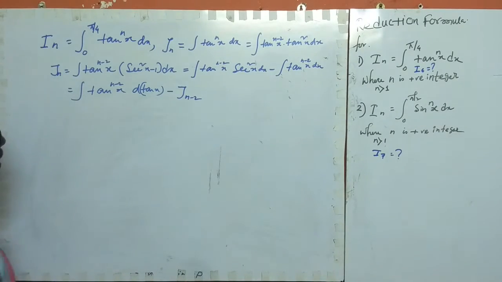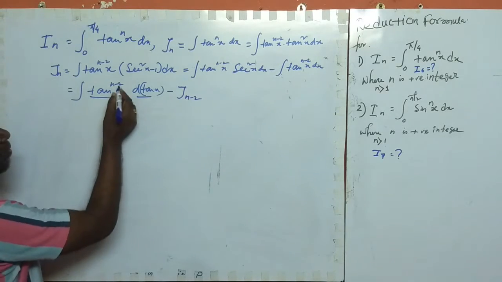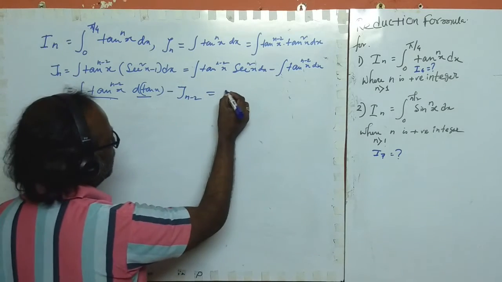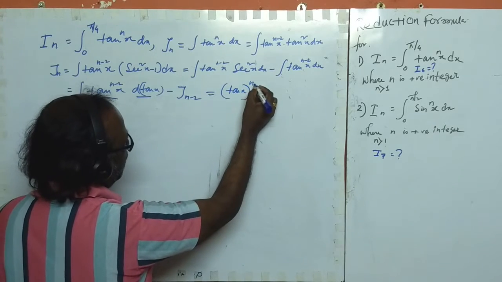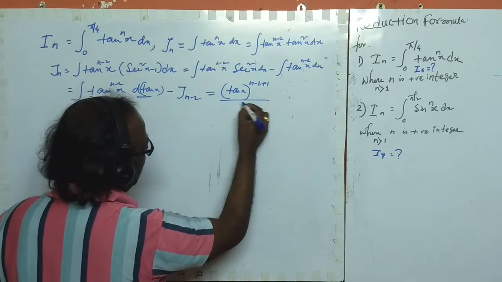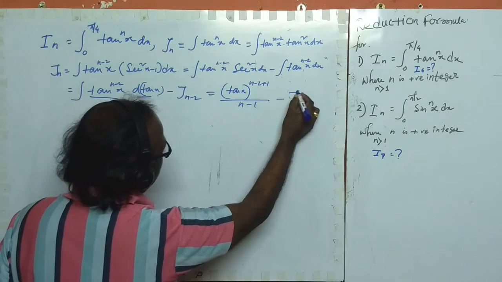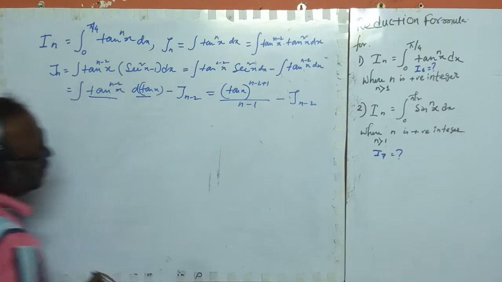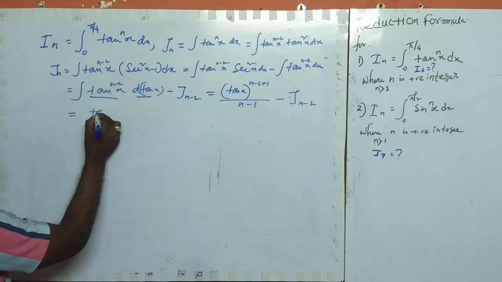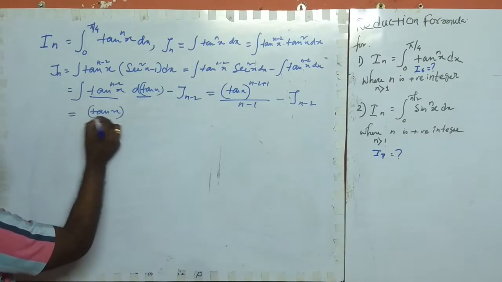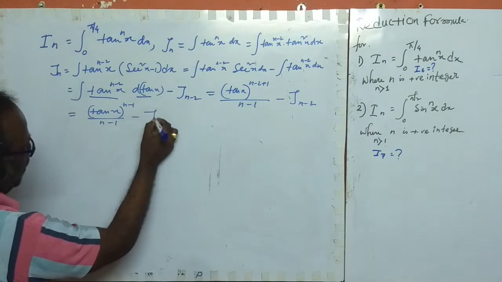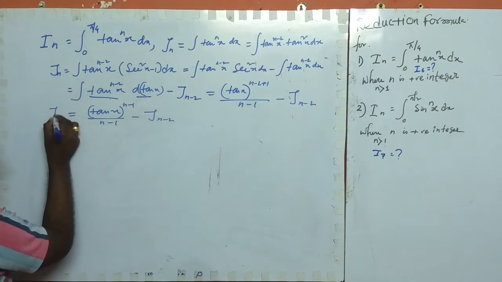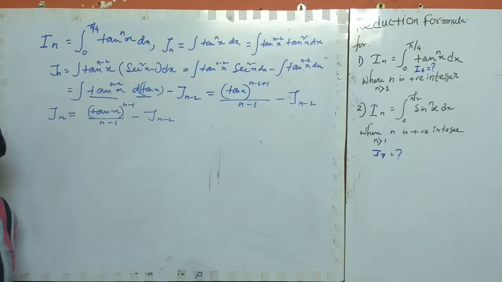So Jn is equal to tan x to the power n minus 1 by n minus 1 minus Jn minus 2.